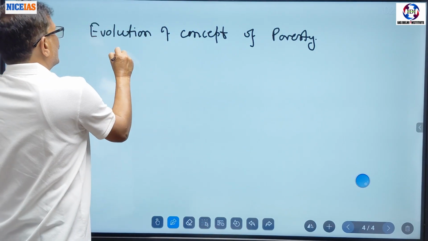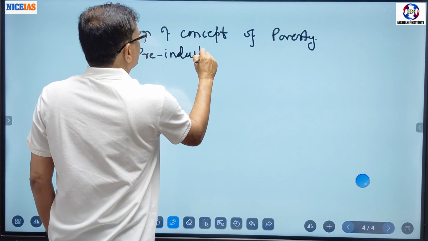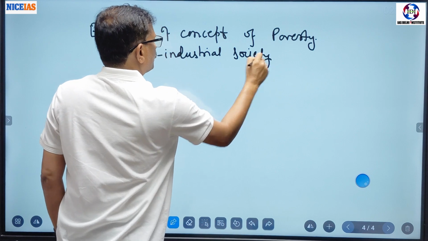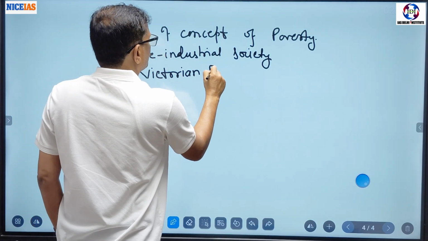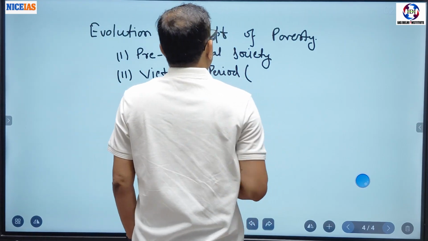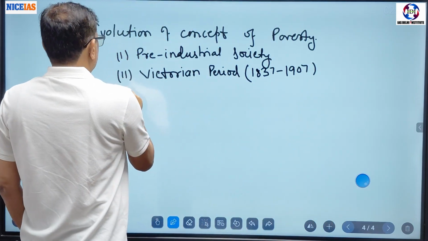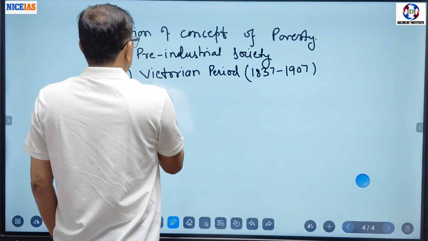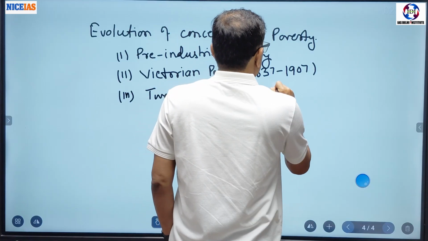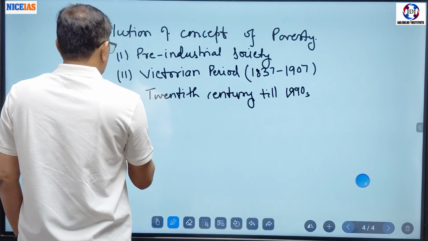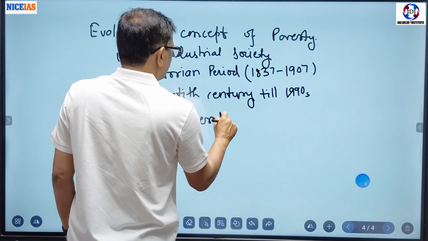We can discuss this in 4 stages: pre-industrial society, then the Victorian period, which goes from 1837 to 1907, then third, the 20th century till the 1990s, and then fourth, the post-liberalization period.